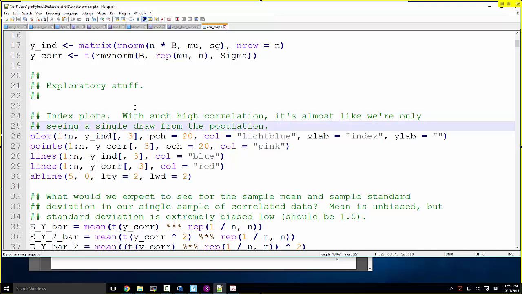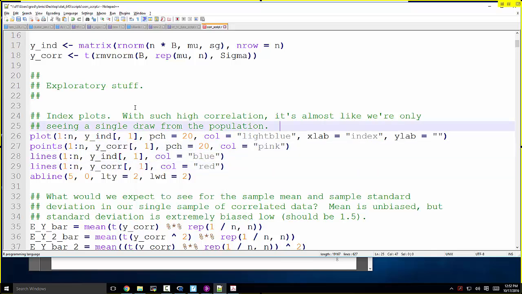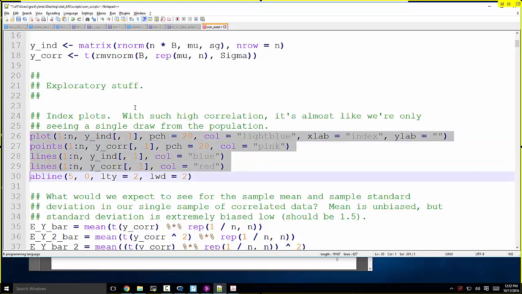Here is an example. Let me change this to the first. There's no reason to start with the third one. So I'm going to show for the very first simulation, the first out of 500, what these index plots look like.